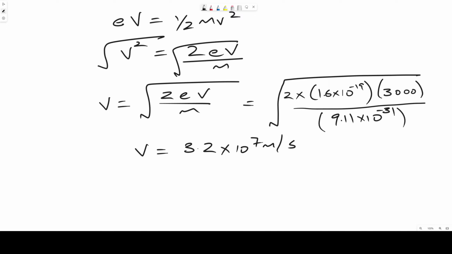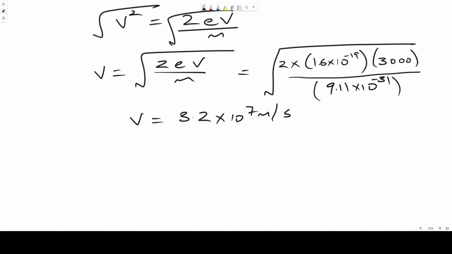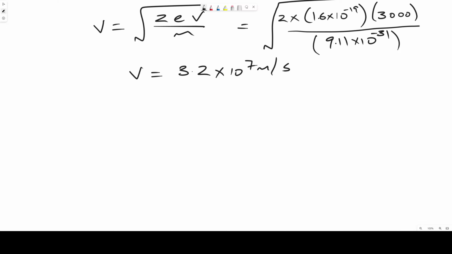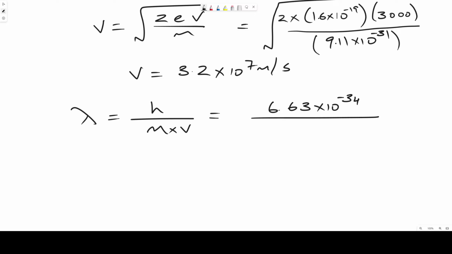Okay, so after all of this has been done, like I said, I'm going to be using de Broglie's formula for wavelength, and that is wavelength is equal to Planck's constant divided by mass times velocity, or speed here. Planck's constant is going to be 6.63 × 10^-34 joule seconds, divided by the mass, which is 9.11 × 10^-31 kilograms.